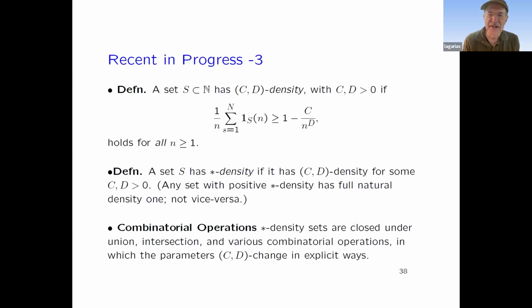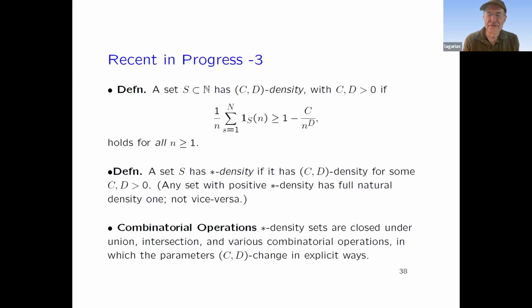But the requirement is that this form of density must hold for all n bigger than or equal to 1. You can call a number as having a star density if it has a C, D density for some values of C and D. Anyway, it's easy to show that a positive star density implies natural density 1, but the converse is not true.